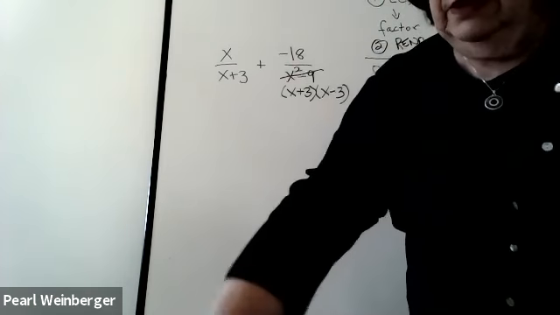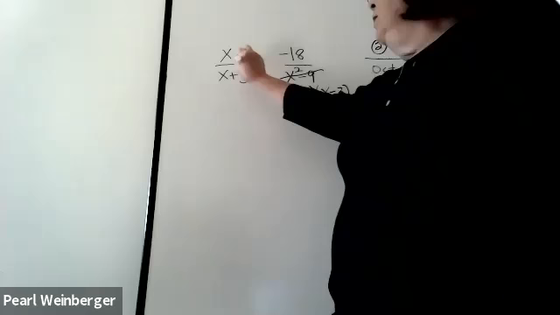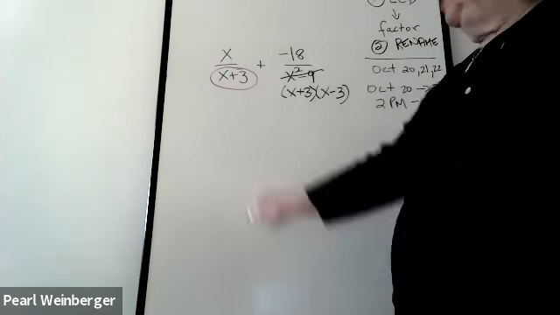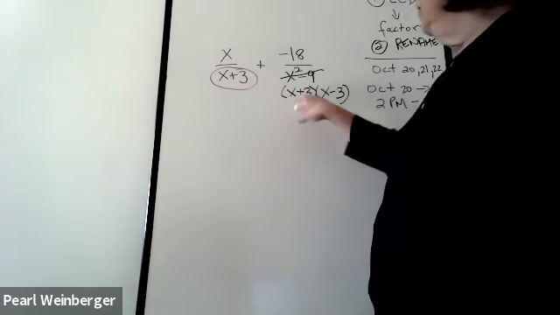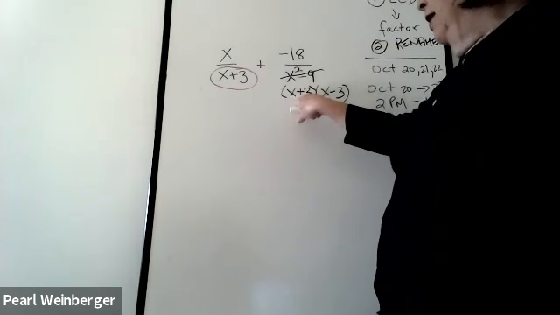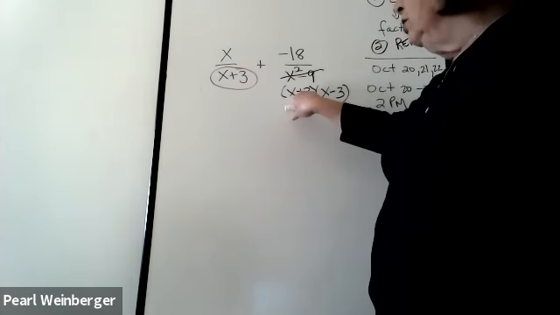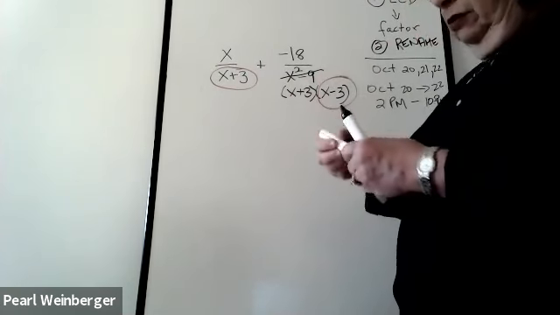the conjugate binomials. And remember what I do. I circle all the factors of my first fraction, which is just x plus 3. And then I go to my second fraction. I already have an x plus 3 circled, so I don't need to circle that. But I don't have an x minus 3 circled.